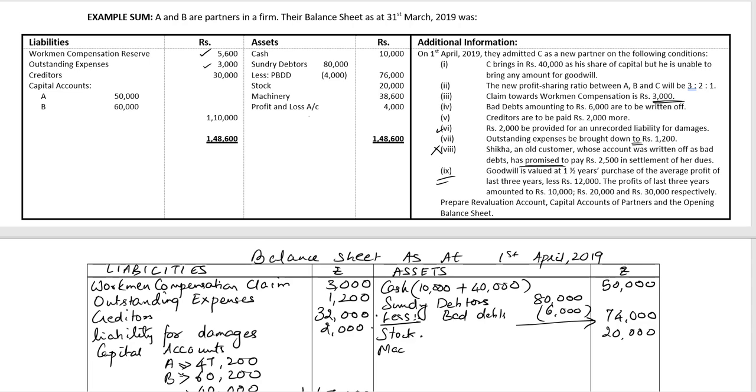Machinery. There is no change in the value of machinery also. So it's 38,600. The profit and loss account has been written off among the old partners in old ratio. So that also will not appear in the reconstituted balance sheet.